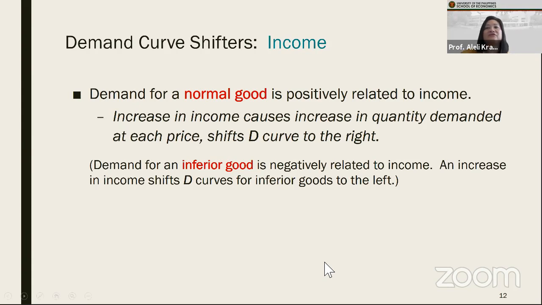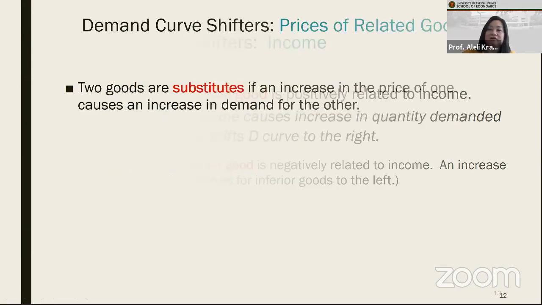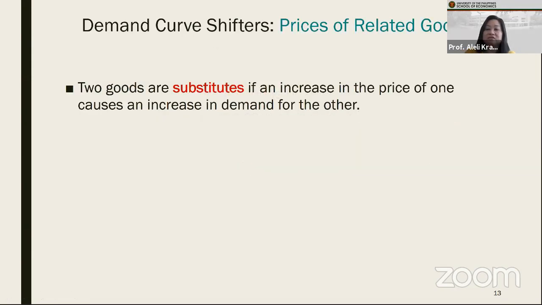But for an inferior good, as income increases, you would expect that the quantity demanded of that good would decrease, and therefore your demand curve for inferior goods would shift to the left. Okay. All right.